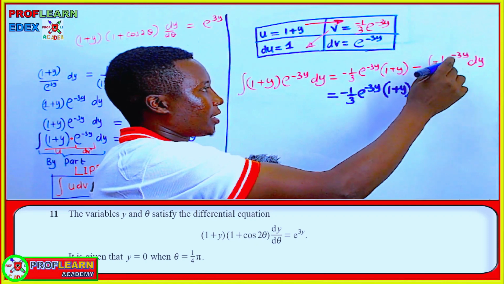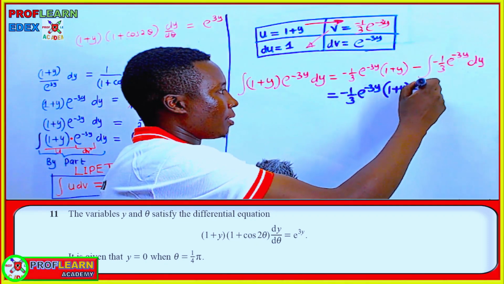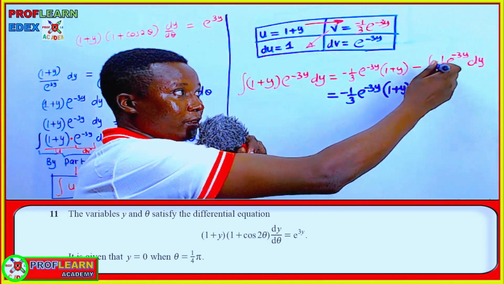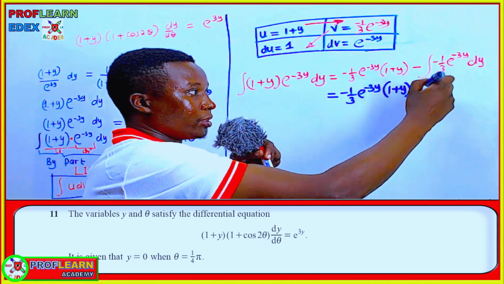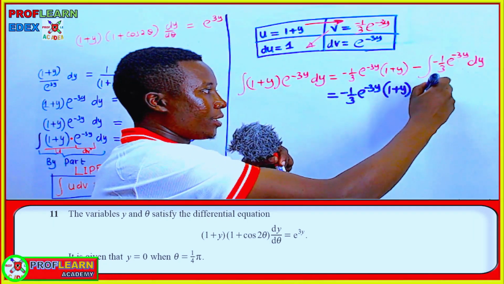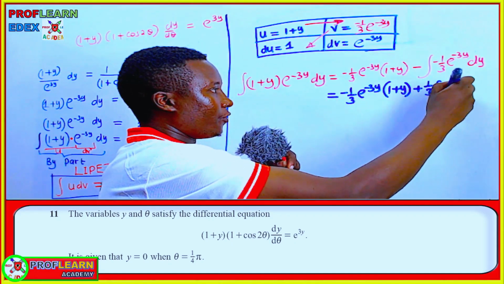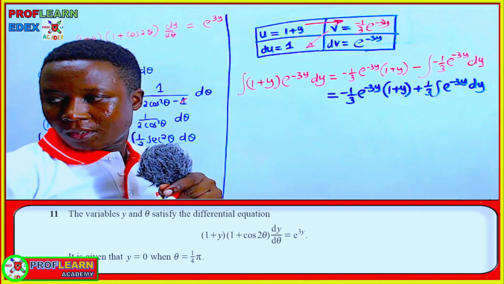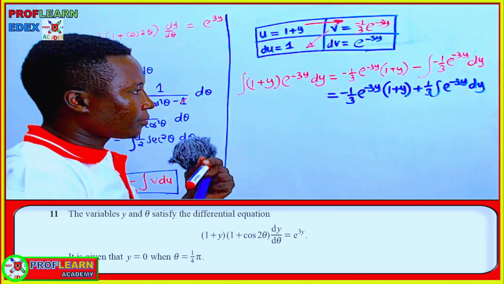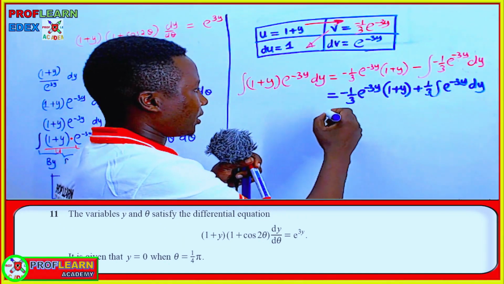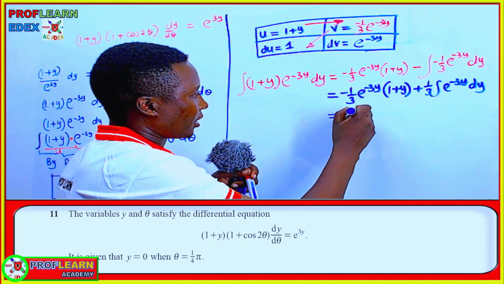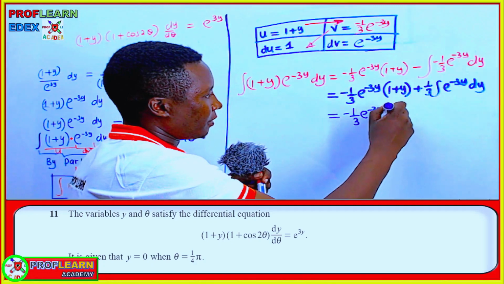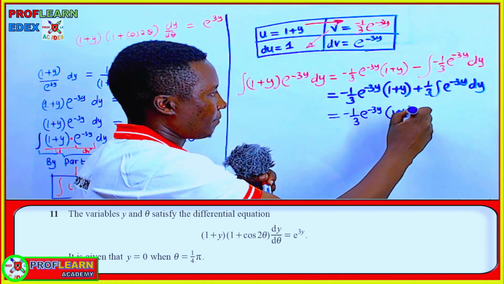Then if we factor this out, this is a negative here, and this is a negative here. If we take it out, we're going to have a positive. Then that is positive 1 over 3 integral of e to the negative 3y dy. Which means that this part we can easily integrate, and then we shall have negative 1 over 3 e to the negative 3y into 1 plus y.